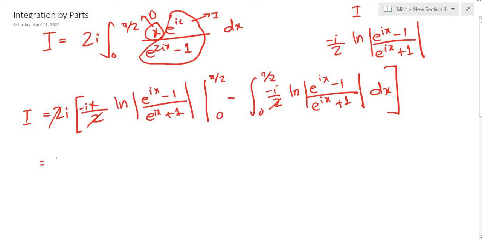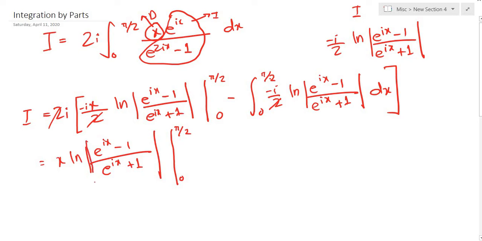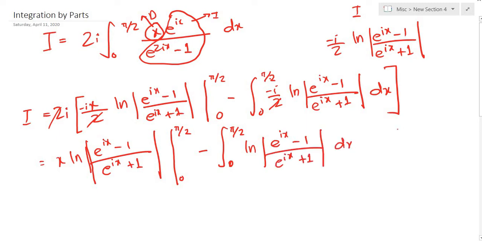So we have x times the natural log of (e raised to ix minus 1) divided by (e raised to ix plus 1), evaluated from 0 to pi over 2, minus, well, negative i squared is positive 1, but we also have this negative outside, so a net negative of the integral from 0 to pi over 2 of the natural log of (e raised to ix minus 1) divided by (e raised to ix plus 1) dx.